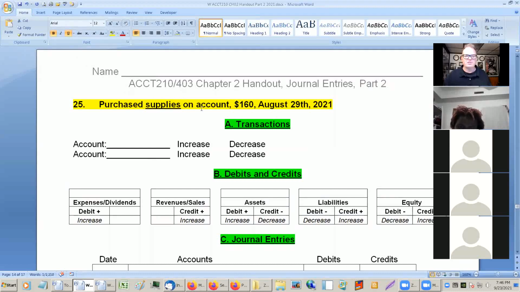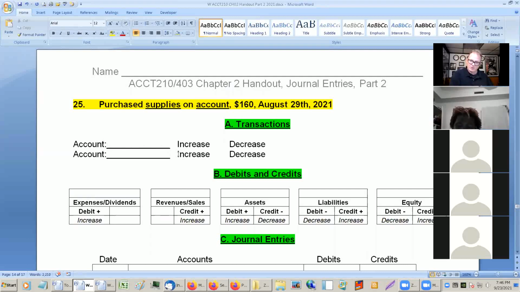So supplies on account, what kind of account do you think it's going to be? Accounts payable, accounts receivable? Accounts payable. Now, when you said supplies expense, that's not a bad answer. When we first buy them, we count them as an asset. If we buy a bunch of paper, it's an asset. It's worth what we pay. You're just trading one asset for another, cash or whatever.